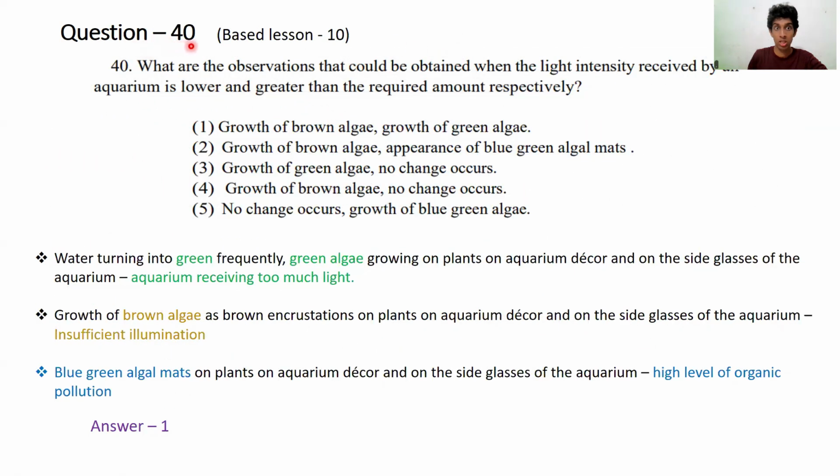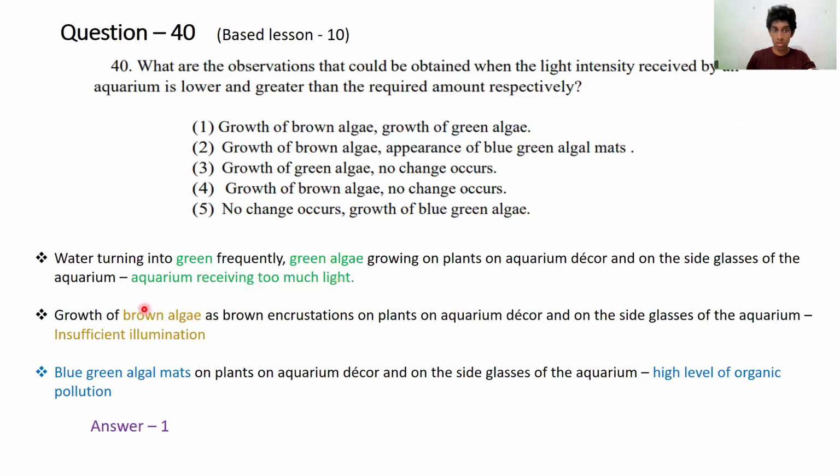Question number 40. It is based on the 10th lesson. What are the observations that could be obtained when the light intensity received by an aquarium is lower and greater than the required amount respectively? So there are 3 different observations in an aquarium which result from 3 different causes. So if we observe the growth of green algae, that means the aquarium is receiving too much light.